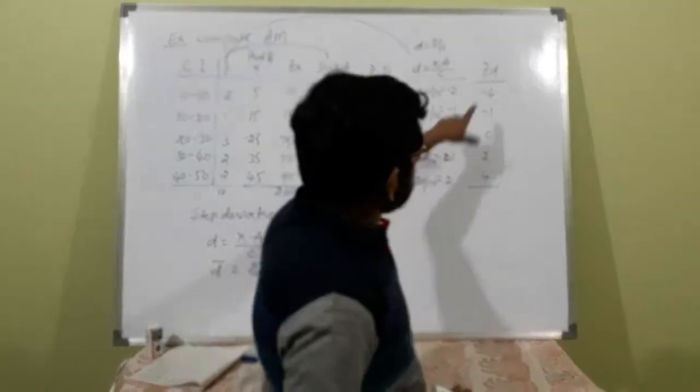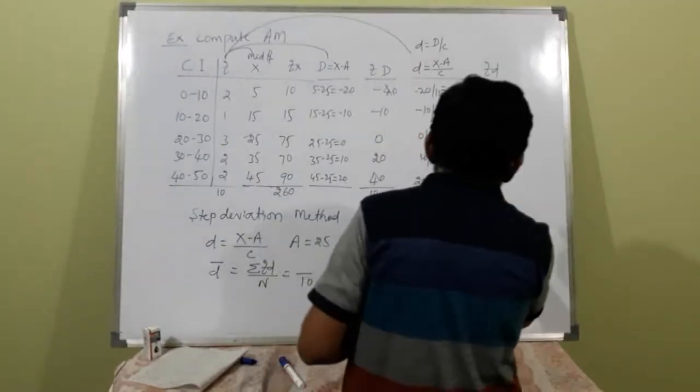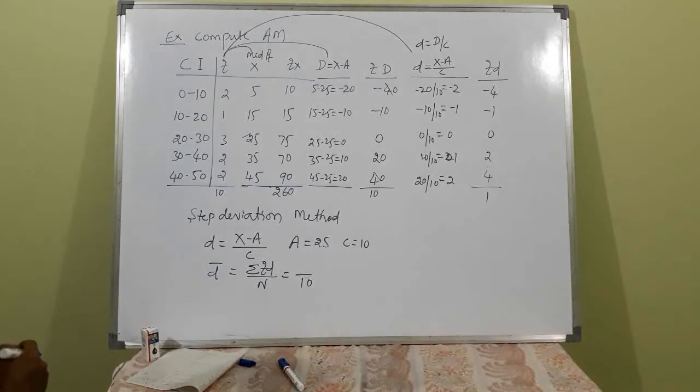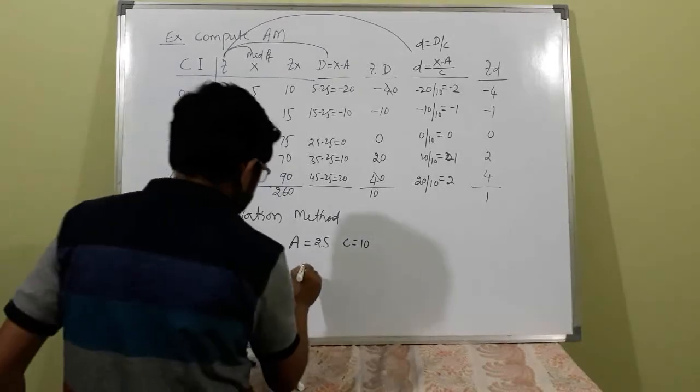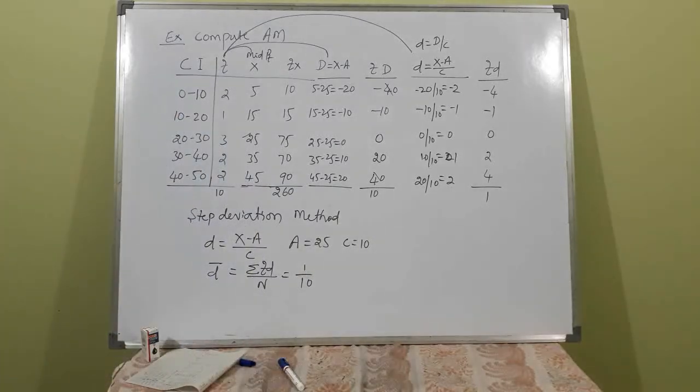Okay, minus 4 plus 4 cancels, 2 minus 1 is 1. So fd is 1 only. That means summation fd is 1. So d bar is equal to 1 by 10.